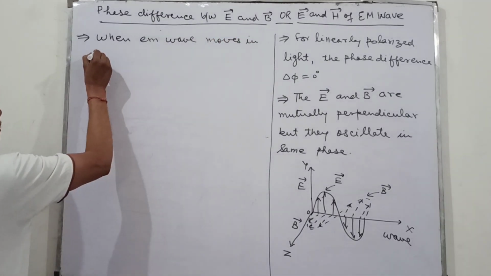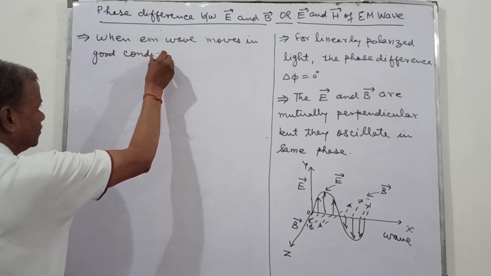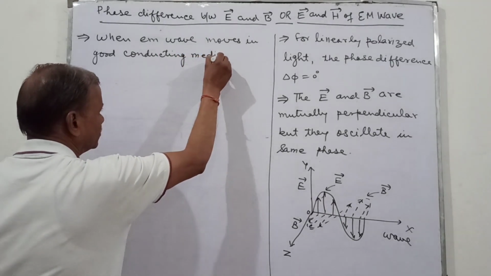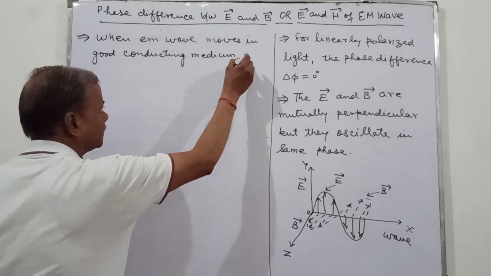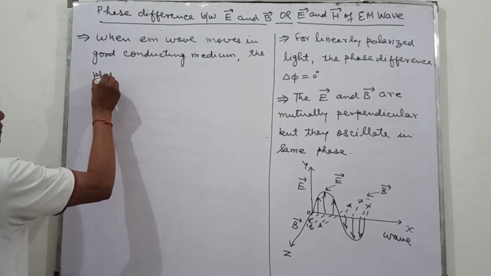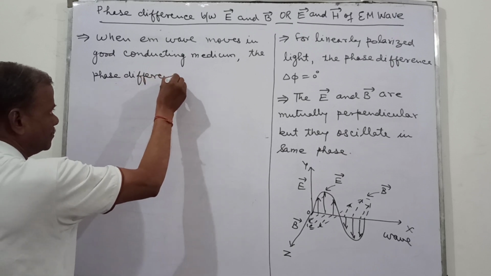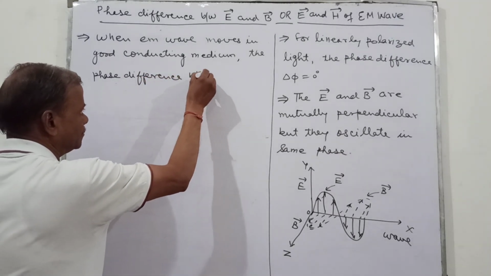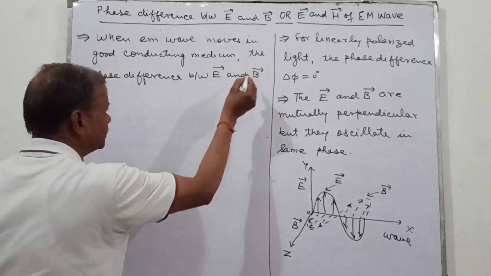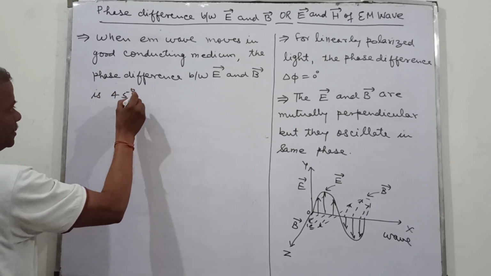When the wave moves in a good conducting medium, the phase difference between E and B is 45 degree.